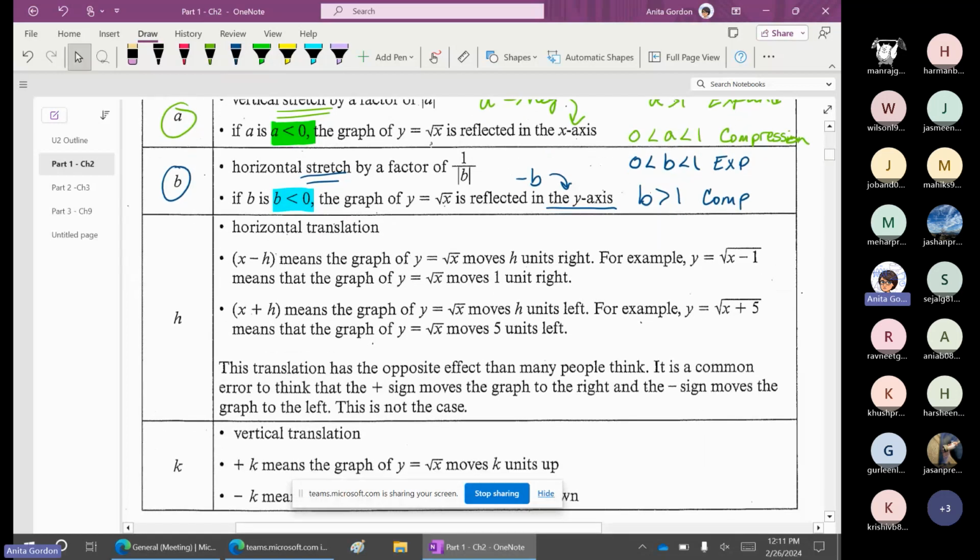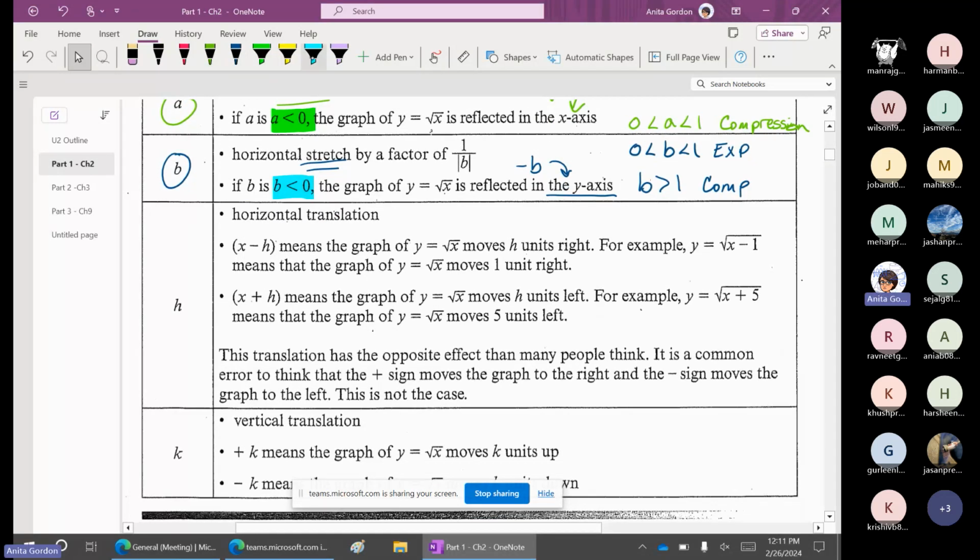And then H represents a horizontal translation. When we see a negative in front of the H, that means, again, we're doing the opposite. We are going to the right. And if we see a positive in front of it, we are going to the left.